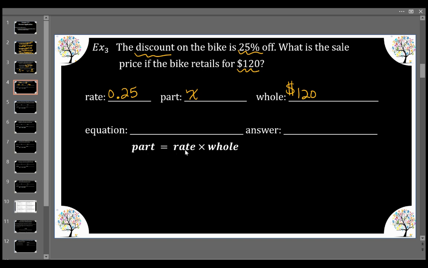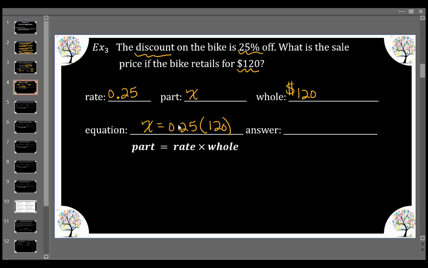So the way we're going to set up our equation is we've got to find the part, how much is going to be taken off to get the final sell price. So X is the part we're looking for. Our rate is 0.25, and we're taking 25% of the original price, which is $120. So we simply just have to calculate this using our calculator.